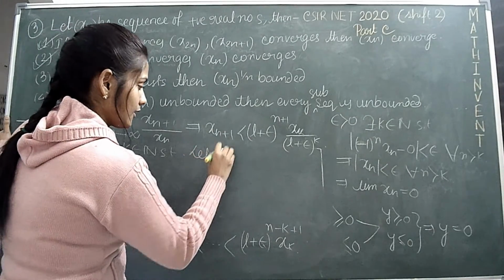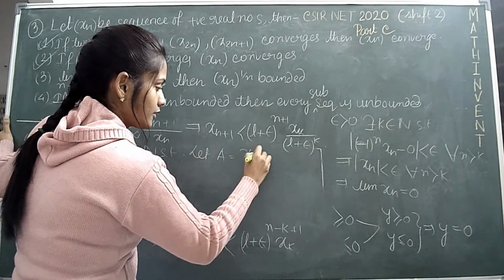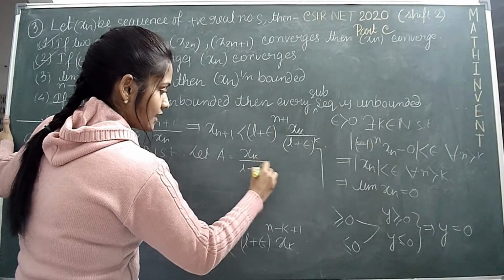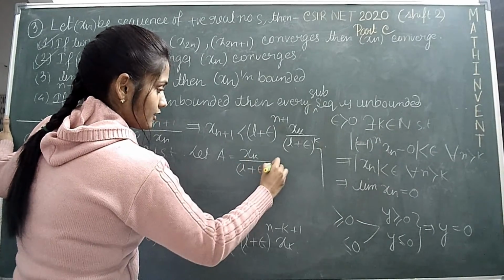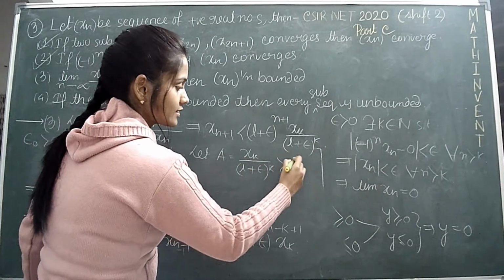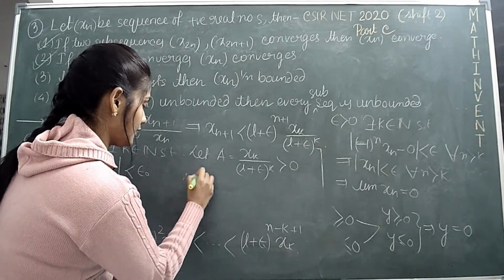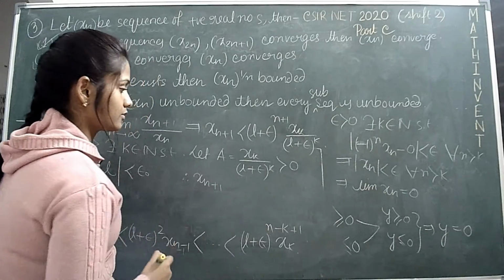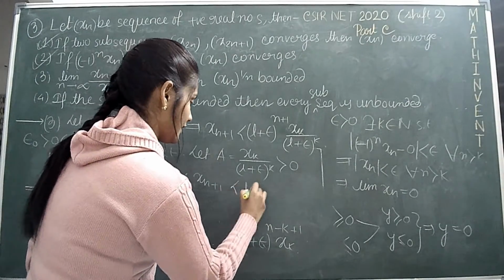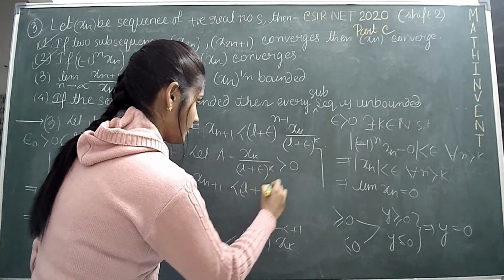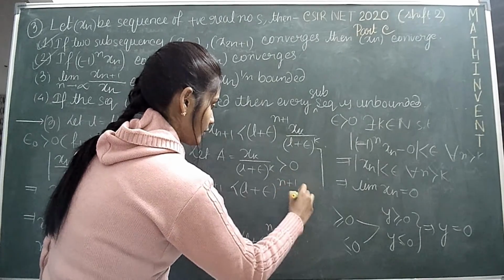Let A equal xk by (L plus epsilon) power k. This is a positive real number. So we have xn plus 1 less than (L plus epsilon) power n plus 1 into A.